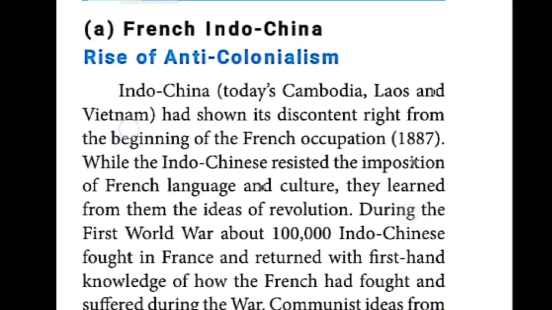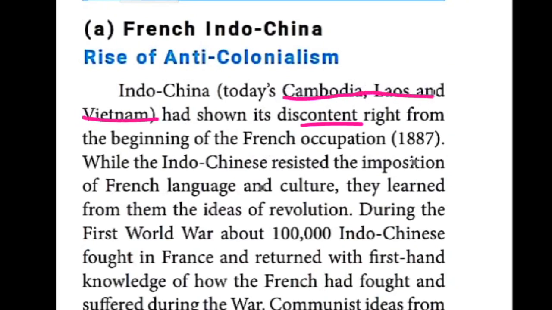The next, what is given: the people disliked the French occupation. Here it is given as discontent. Discontent, what is the meaning? Dissatisfied, about the arrival of the French occupation in the year 1887. Indochina means these three countries: Cambodia, Laos and Vietnam.